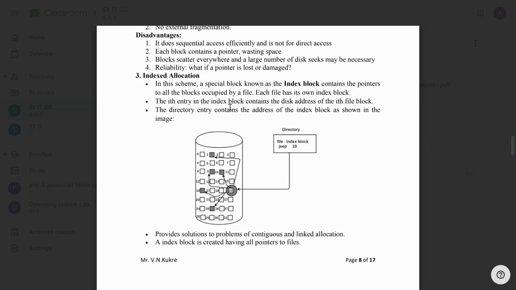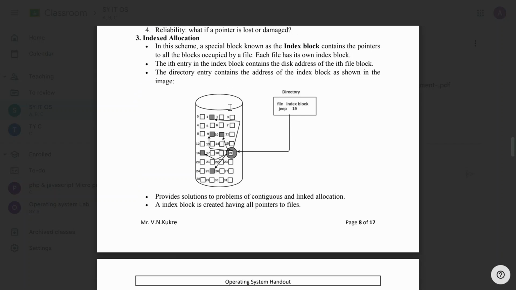Each file has its own index block. Every file has its own index block. Then the ith entry in the index block contains the disk address of the ith file block. And the directory entry contains the address of the index block as shown in the image.